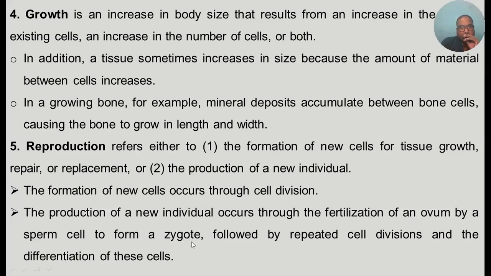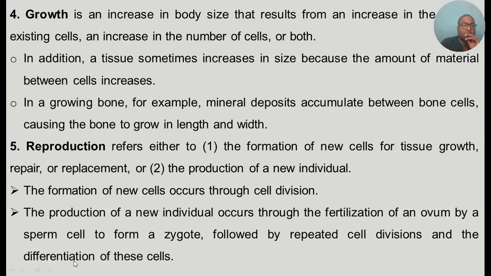And the zygote, by further repeated cell division, division after division, means there are repeated mitotic divisions, and after mitotic division there is differentiation of these cells. Differentiation means there is some specialization in some part of the embryo, some part of the developing mass of cells.